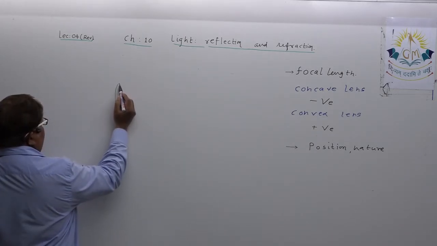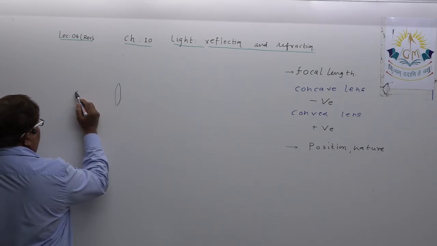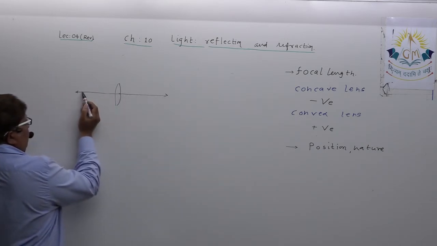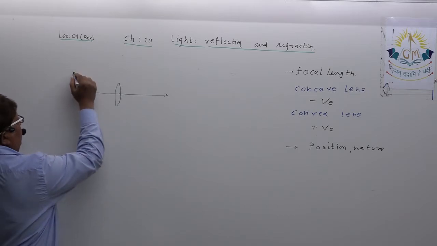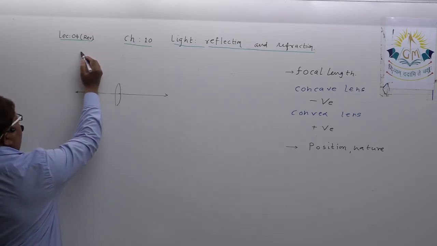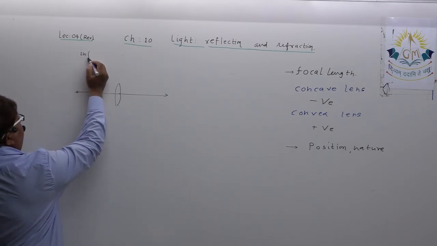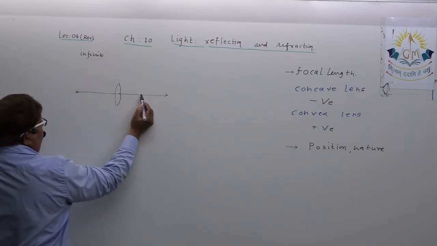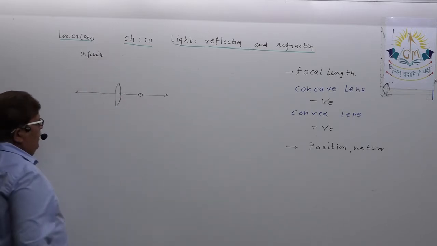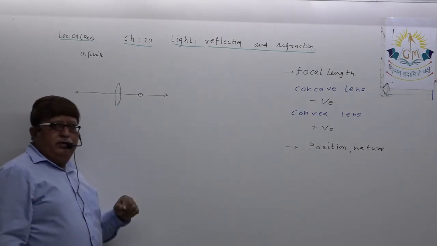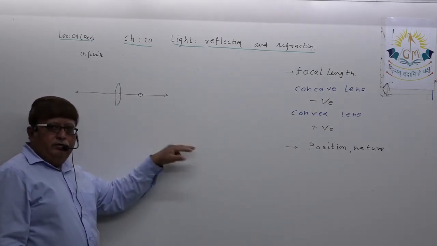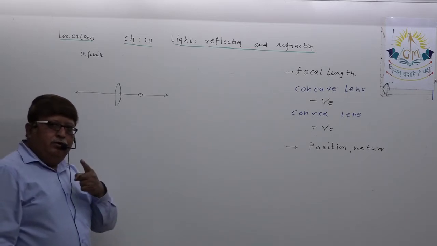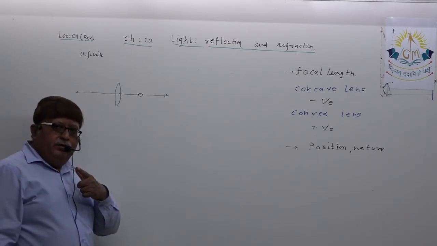Suppose this is a lens. When you keep the object at infinity, the image is obtained here at the focus. That means the image is on the right side, on the other side of the lens, and the image is, as you all know, real, inverted and diminished.